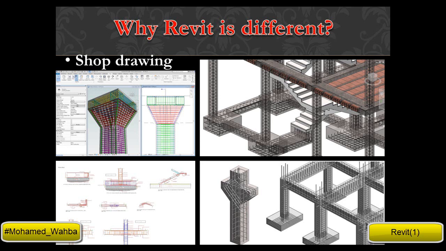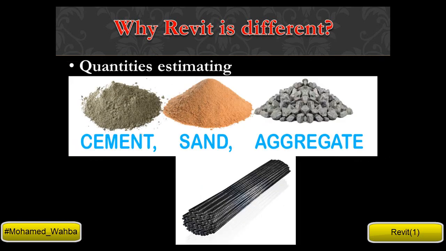We can take sections from everywhere in our structure. We can see it very easily, and this can be done here in Revit. Not only for civil engineering, but as I said before, many specialists can find it easy when they want to execute the shop drawings.